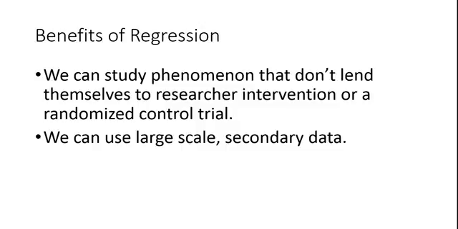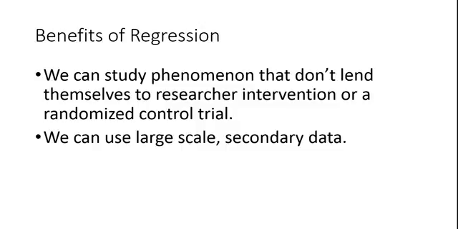Regression is also a great tool when we're working with large secondary data sources, those that have already been collected. So in those situations, of course, we don't have the ability to assign students to a large or small class size. We just have data on the class size that they were in. So regression allows us to use that type of data and begin to get more information about this relationship, controlling for some other variables.